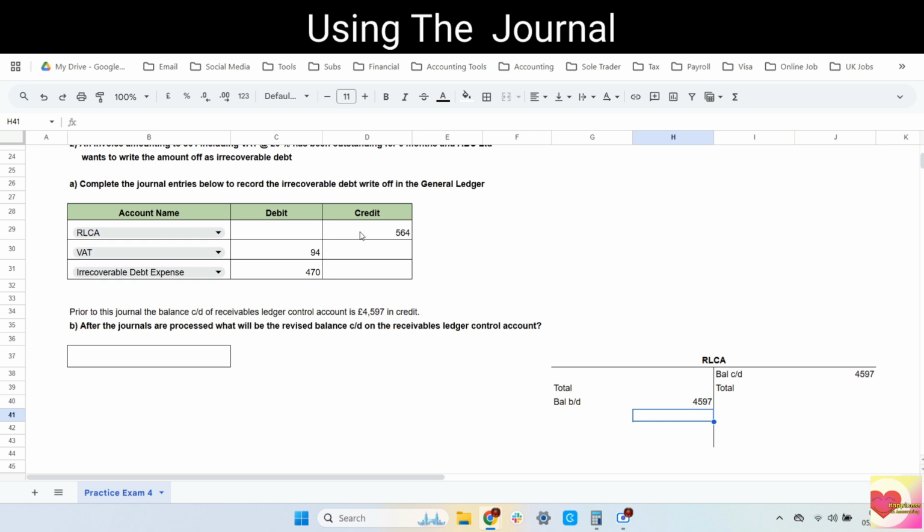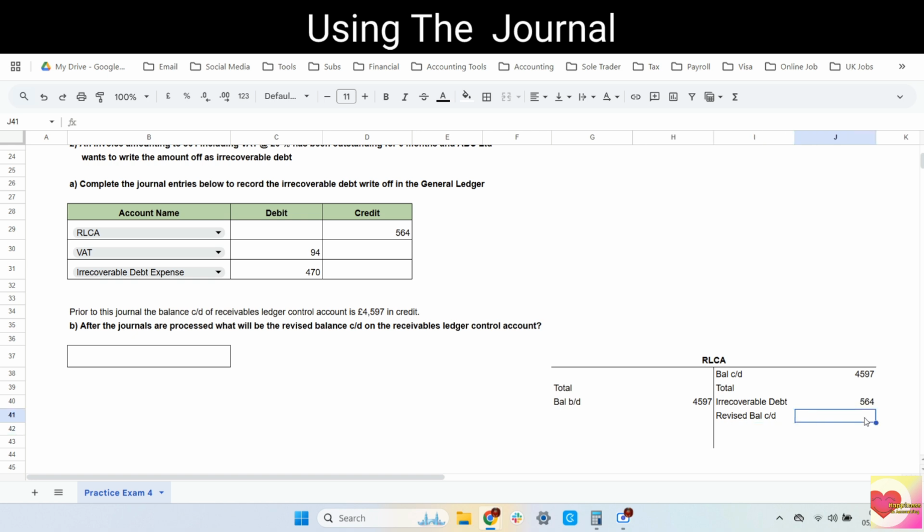Then let's enter the journals that we have just processed, which is 564 in credit. Then let's get the revised balance carried down by inserting the difference of the two totals to the side that has the lower total, which is credit.